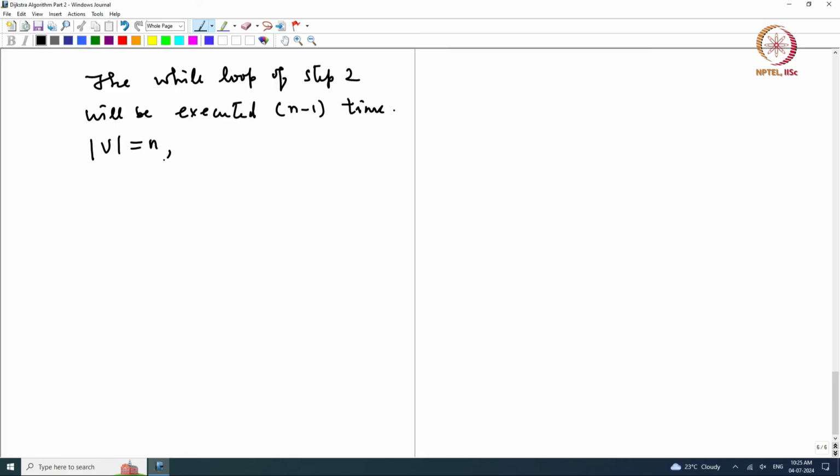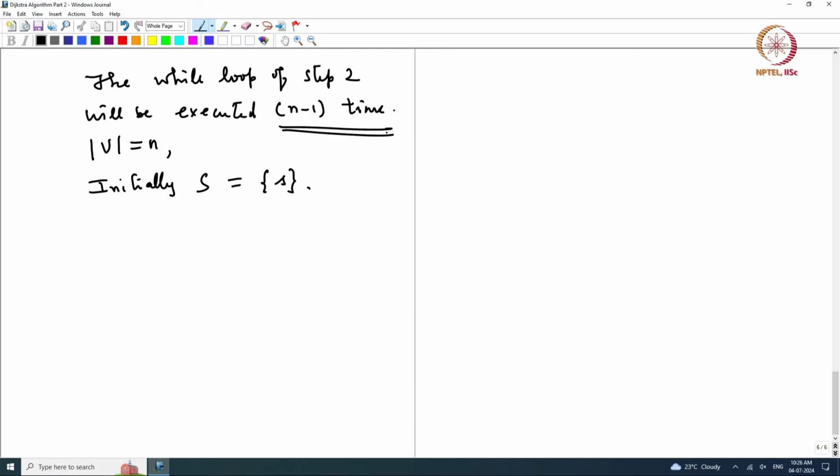Cardinality of V equal to n. Initially S has got only one vertex, and in each iteration of the while loop you are adding one vertex to S. You finish when S equals V, that is, when for all vertices I know the shortest path weight. So, n minus 1 vertices are to be added, therefore n minus 1 iterations are to be done. Therefore, the while loop will be executed n minus 1 times.